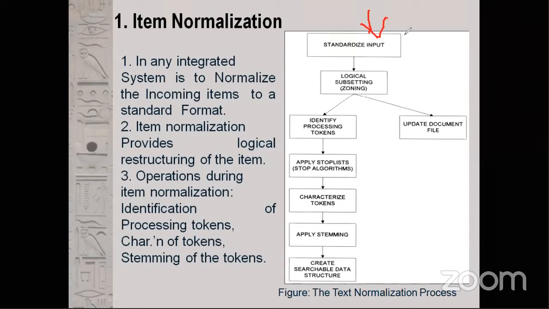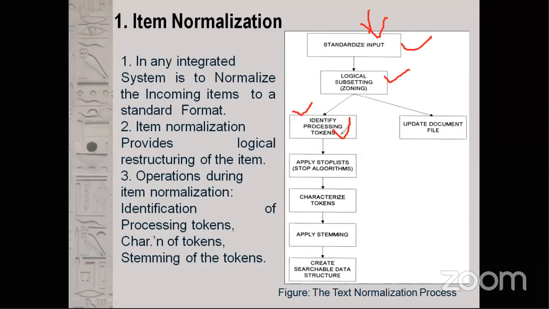Different data or different items may come to your end, so I need to standardize them. After standardizing, I need to make logical groups, and from each group I need to identify the important words or all the words available in that group.